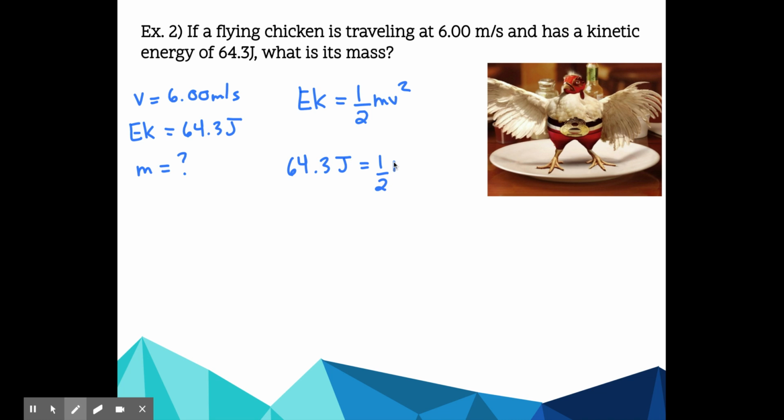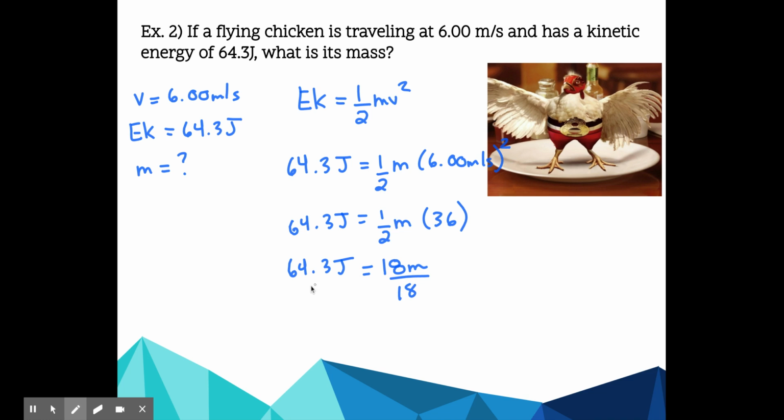So if this is your preferred method, you're going to get this demo. 1/2. I'm looking for m, so I'm going to leave it as m. And velocity is 6.00 meters per second, squared. I like to simplify this right off the bat, so I'm going to go 1/2 m, and I'm going to make sure I square this, so that's 36. And now I'm going to go 1/2 times 36 just to keep things simple, which is 18. 64.3.